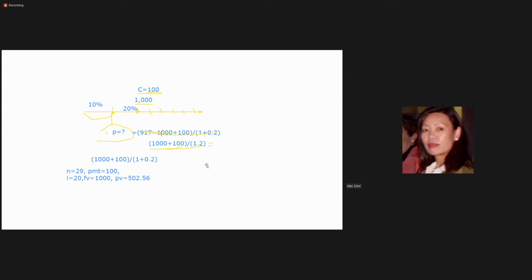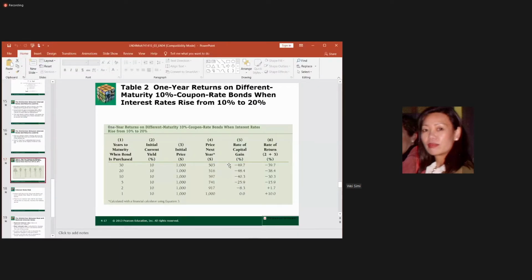Now, the important things: inverse relationship, capital gain. That's what you miss. But now you know. Once you calculate the bond price, then you just calculate the capital gain. The gain is always the end price, 503 in this case, minus the beginning price, then divided by the price you pay.